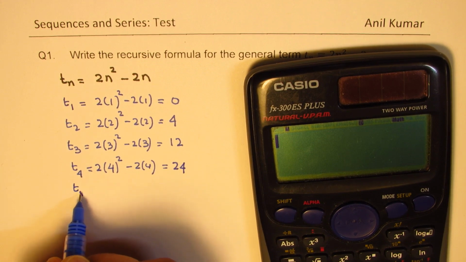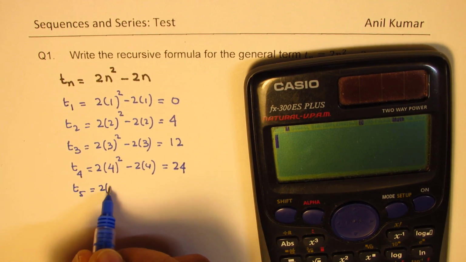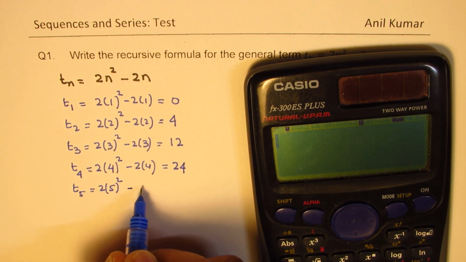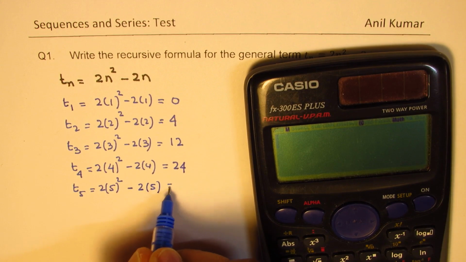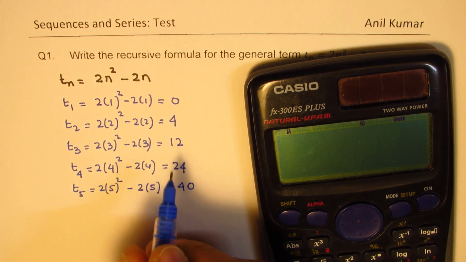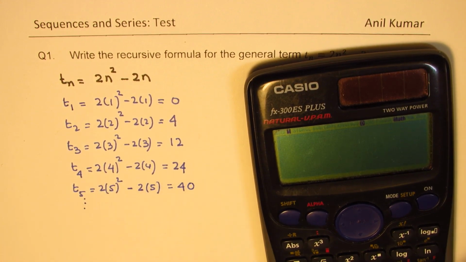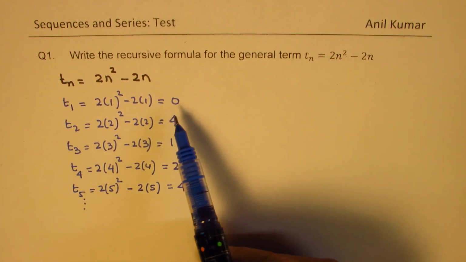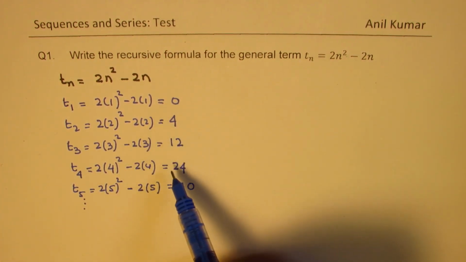Let me go one more term here. So we get 2 times 5 squared, which is 25 times 2 is 50, and we have to take away 10, right? So it becomes 40 for us.